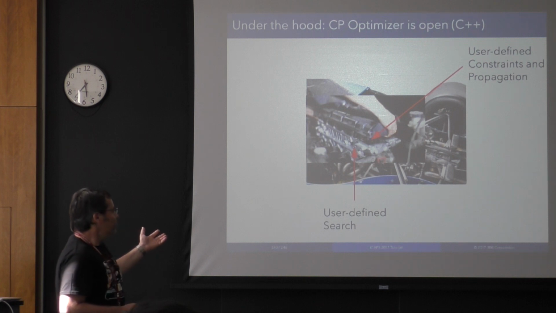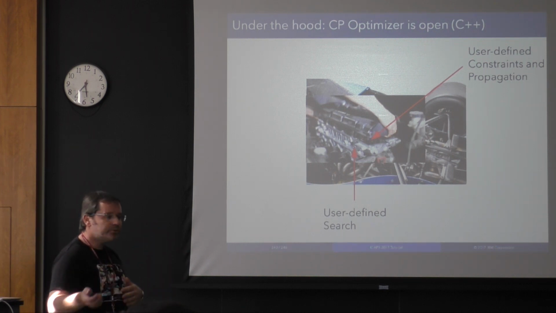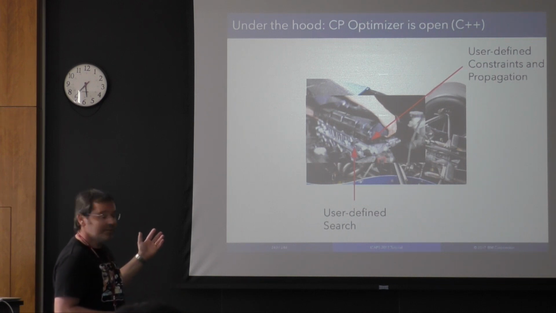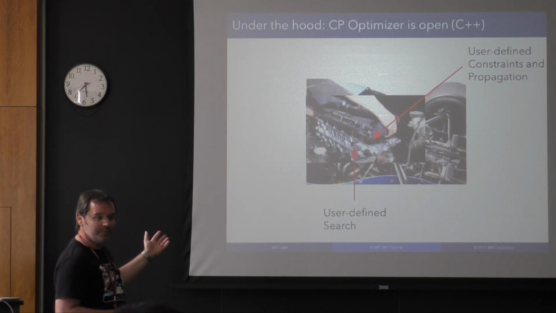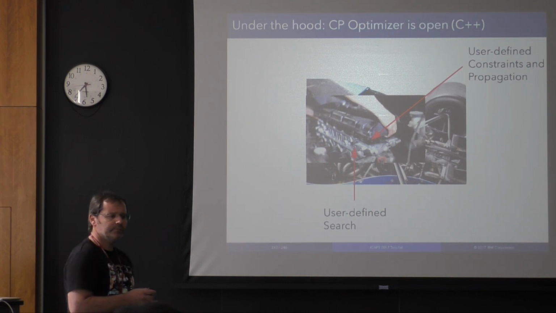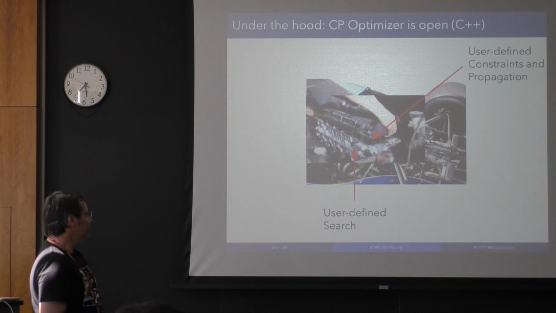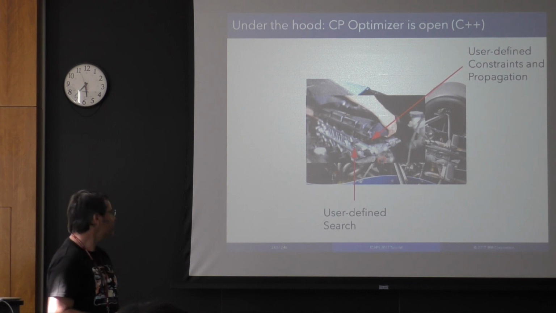Now, for researchers who like to investigate new constraints or new types of models, and we will support this for a very long time, this is completely possible, but only in C++. You can easily change the engine with your own engine, and use your own constraint, your own propagation algorithm, and your own search.